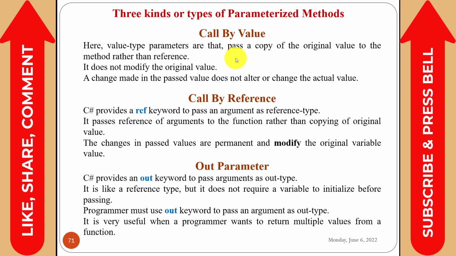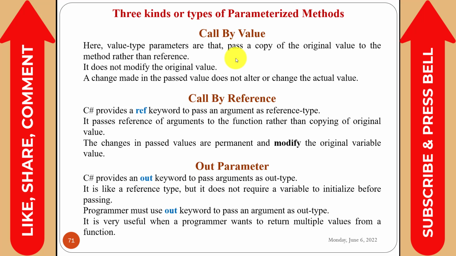So we will use call by reference, and whatever change you make to your name should be permanent all the time. It is not that you make a change now and it will not continue for a long period. No, if you are changing now, you should have this change for a long period. So that's why call by reference is a wonderful concept to change the values in the data set.